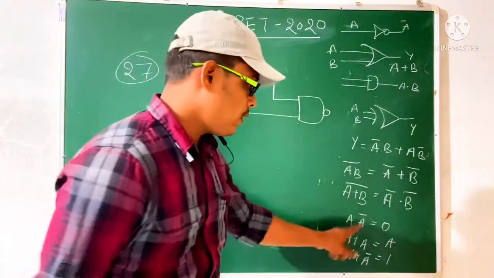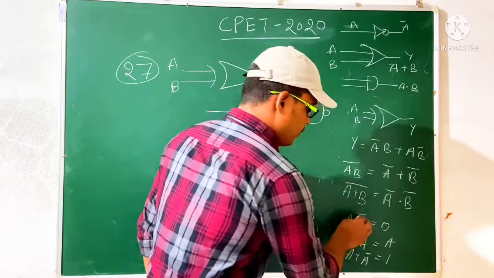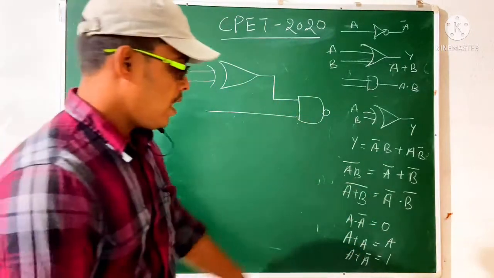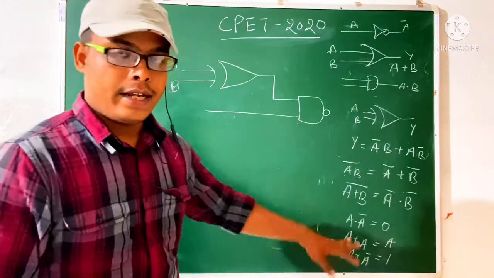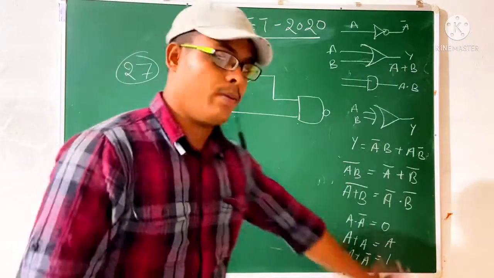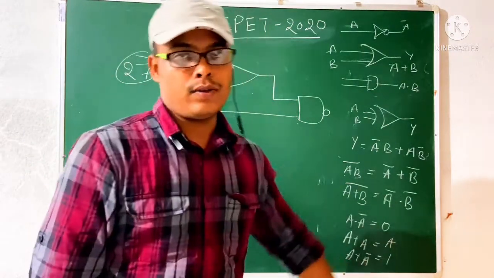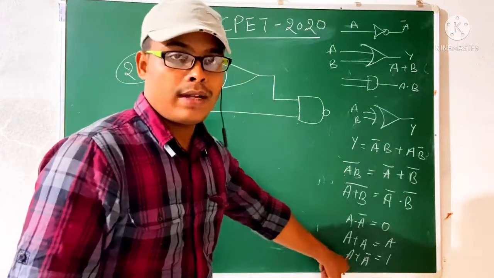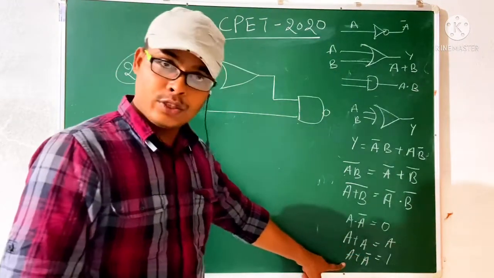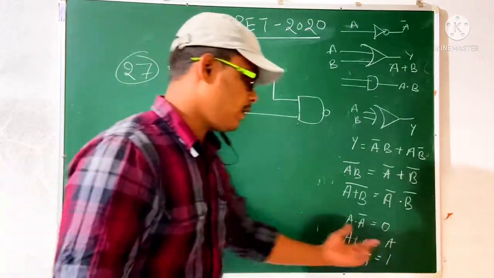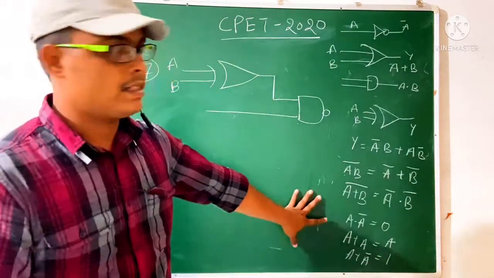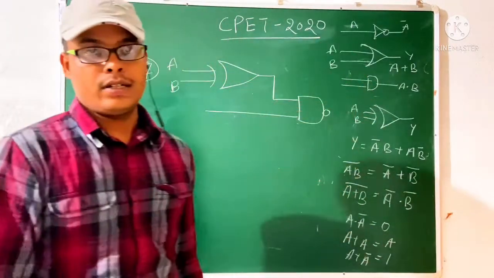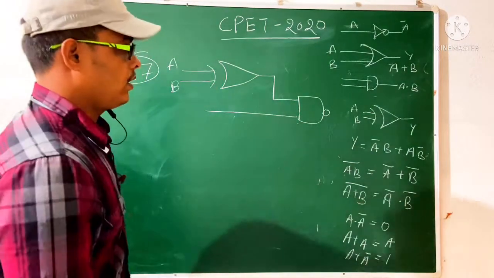A dot A bar is 0 for simple multiplication, and A plus A, however many times you add, will be A. Now A plus A bar gives 1, because if A is 1, A bar is 0, and 1 plus 0 is 1. If A is 0, A bar will be 1, then 0 plus 1 is again 1. So these are the Boolean algebra rules and these are the circuit rules. You have to remember these things.